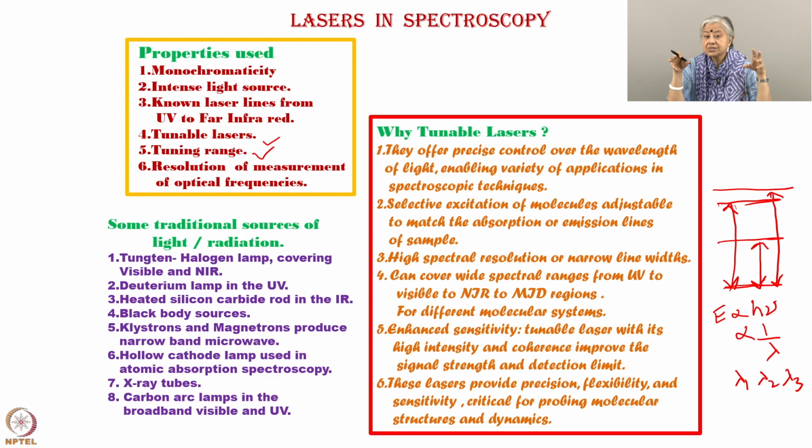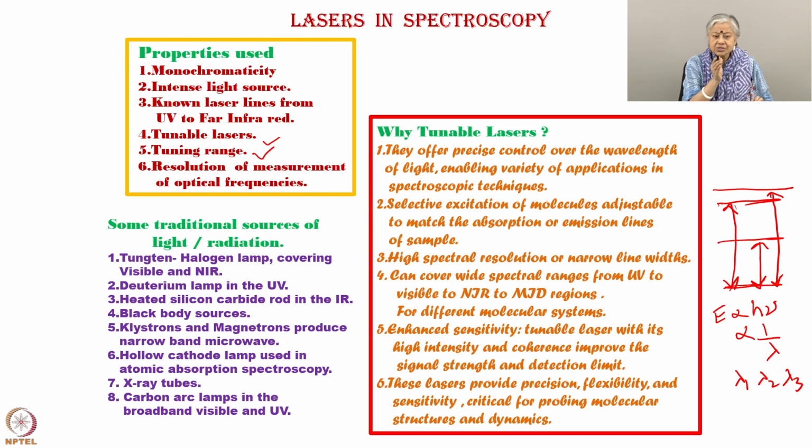So this is what the spectroscopists want, and they want a tunable laser. Each time they are not going to change their source. Say they started with a tungsten halogen lamp. It has visible and near infrared. But suppose they want something in the ultraviolet, then they have to change their source.